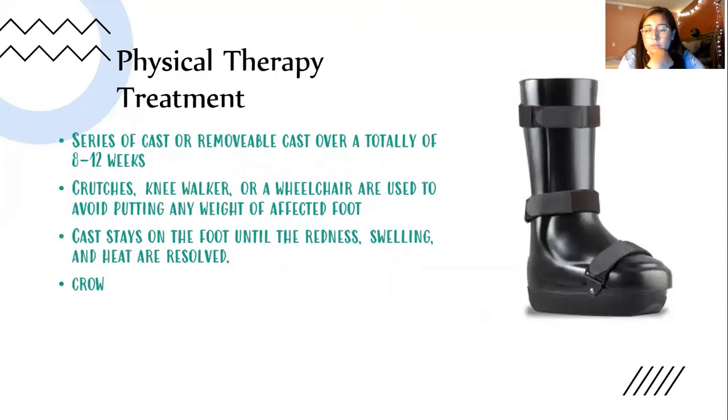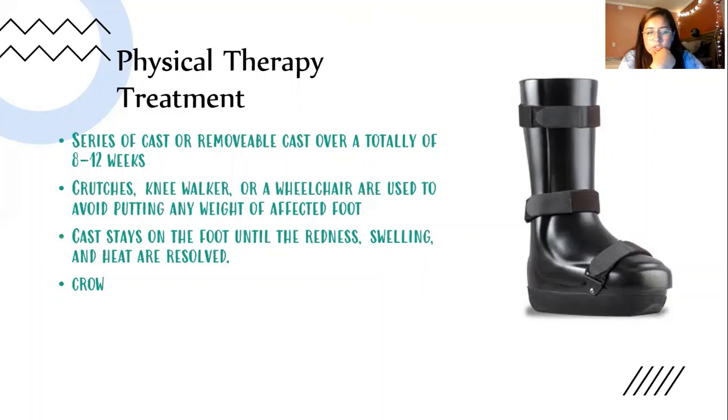You are non-weight bearing or partial weight bearing, depending on whether you're using crutches, knee walkers, or wheelchairs, where you're simply not putting any weight. The goal is to not put any weight or stand on it, which would cause the joints to push further down.